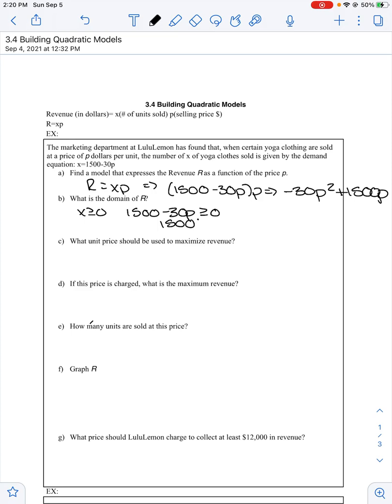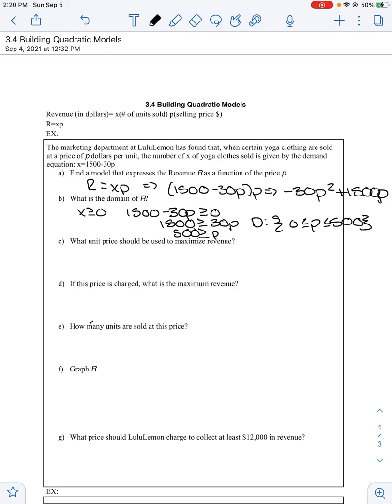So 1500 is greater than or equal to 30p, so p is less than or equal to 50. To write this as a domain, it would be from 0 to 50.